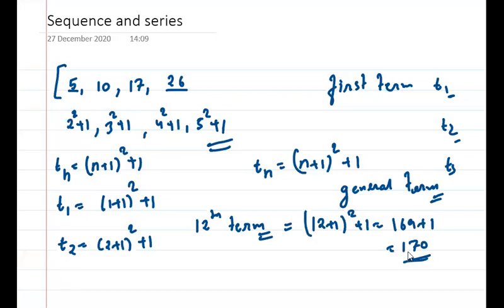So if we know your nth term, the general term, then you can write any term, just put the value of n.